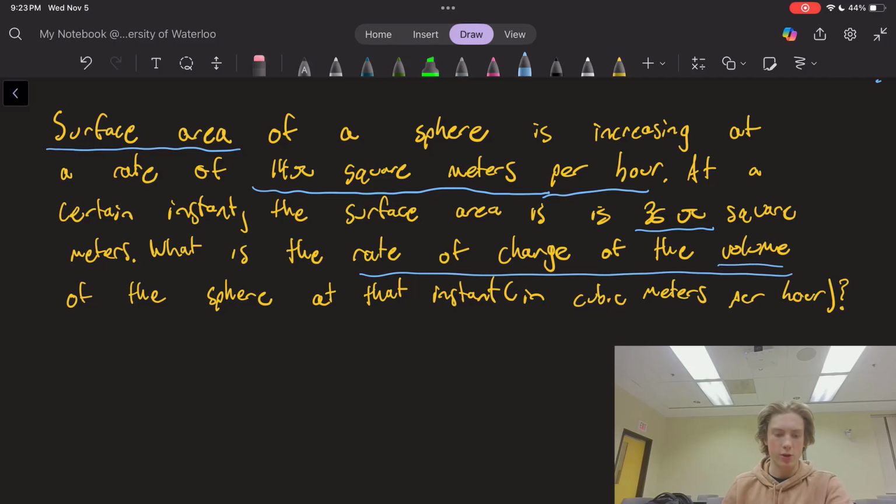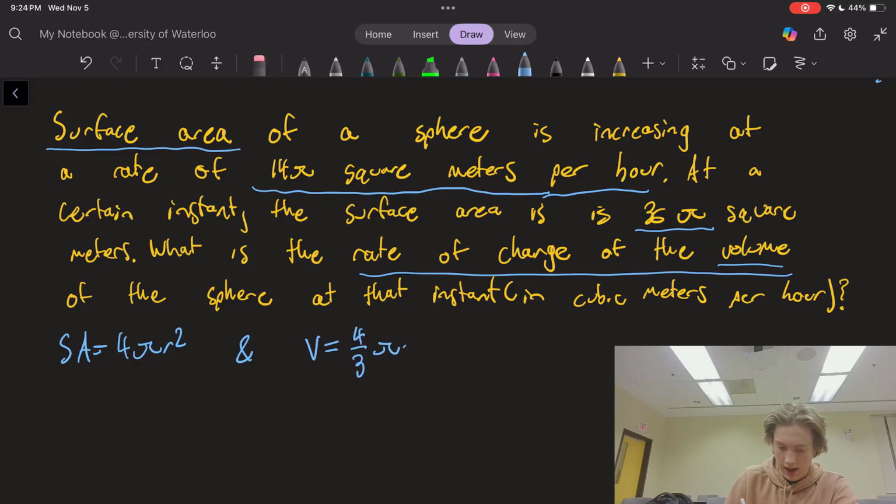So we'll bring in those equations right away. Surface area is equal to 4 pi r squared, and volume is equal to 4/3 pi r cubed. Okay, so the problem starts off with the surface area of a sphere is increasing at a rate of 14 pi square meters per hour.